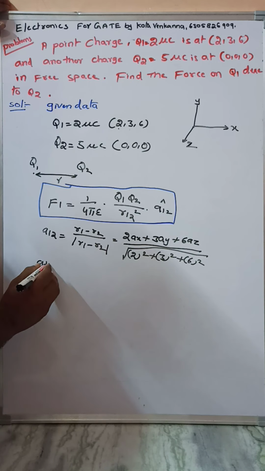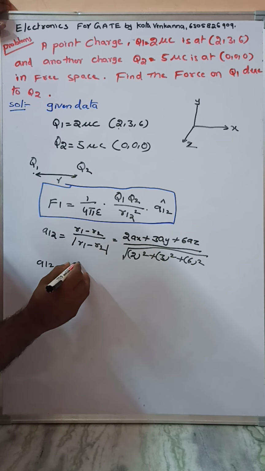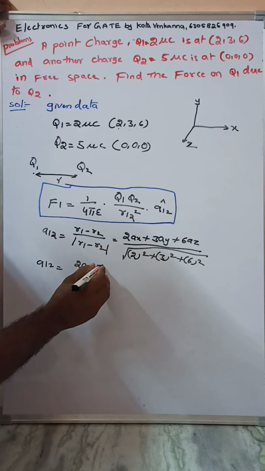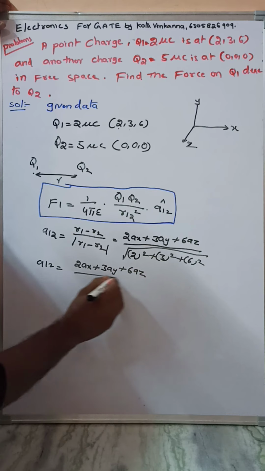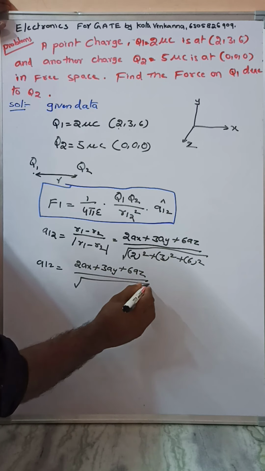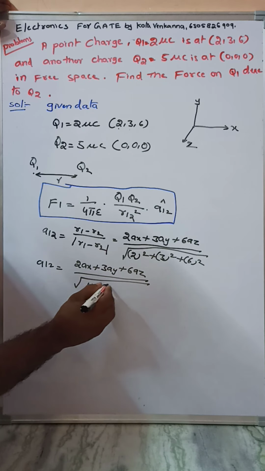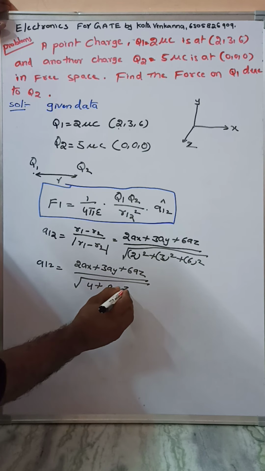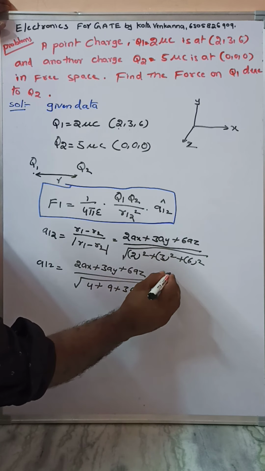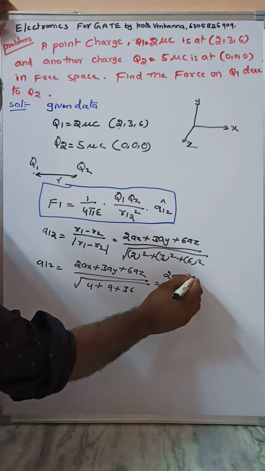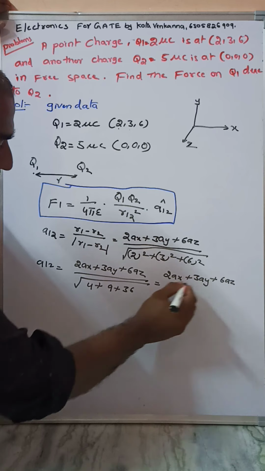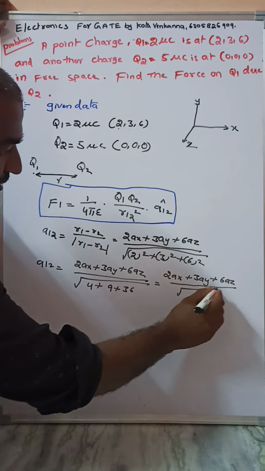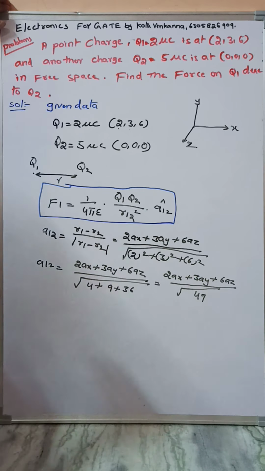So A12 is 2 ax plus 3 ay plus 6 az by the square root of 4 plus 9 plus 36, which is the square root of 49, equal to 7.